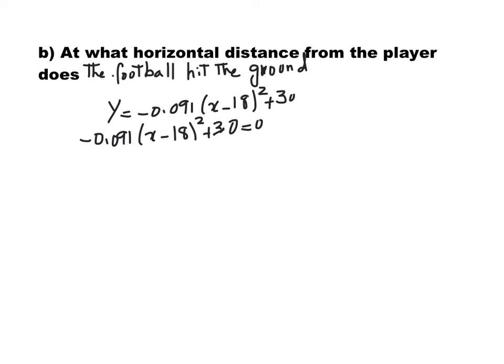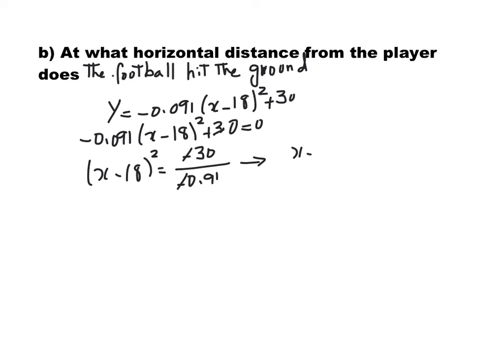I move 30 to the right and divide by negative 0.091. So I get (x minus 18) squared is equal to negative 30 divided by negative 0.091. Now, negative over negative gives me positive. Now I take the square root of both sides.